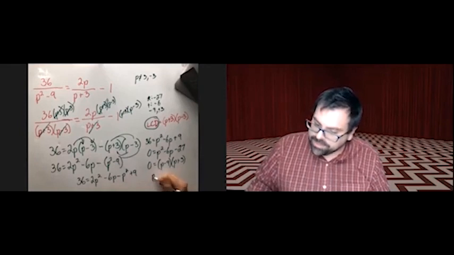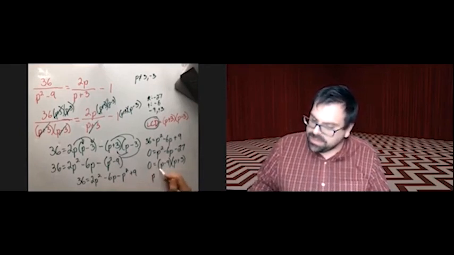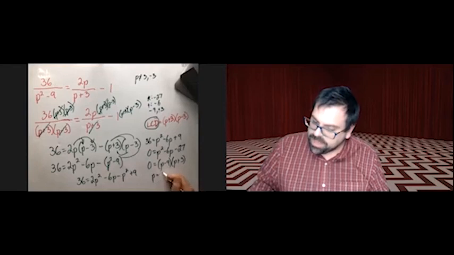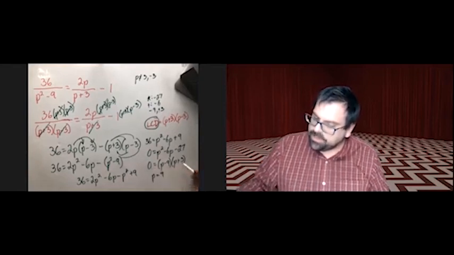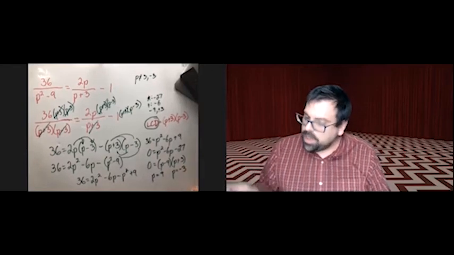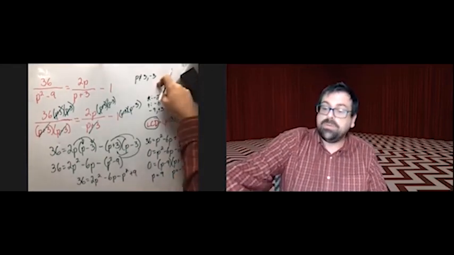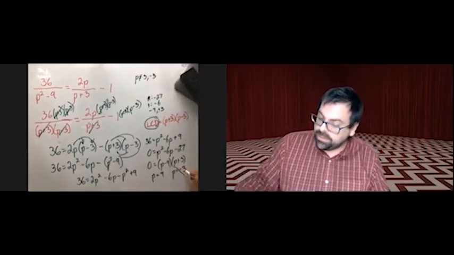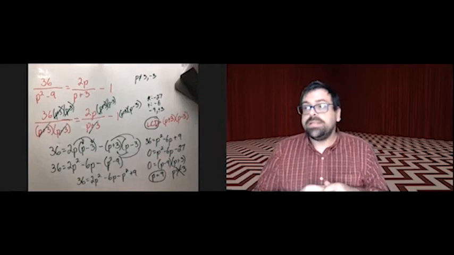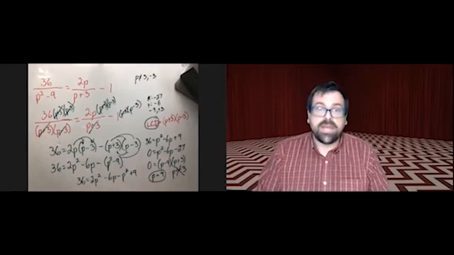Which means I get answers of 0 equals p minus 9 gives me p equals positive 9, and 0 equals p plus 3 gives me p equals negative 3. One of these is not allowed. We weren't allowed the negative 3. So the answer, and only answer, is p equals positive 9.